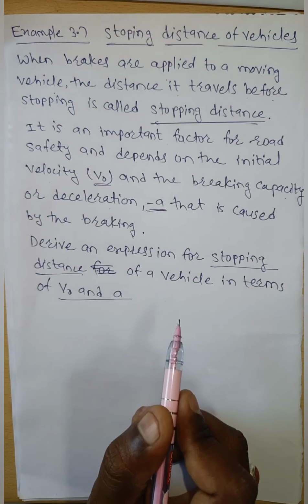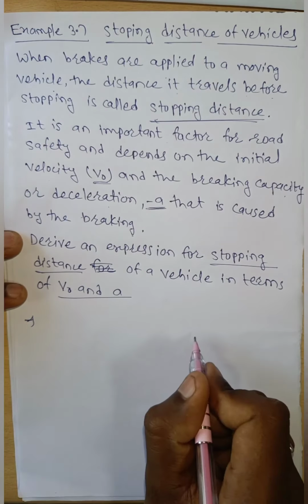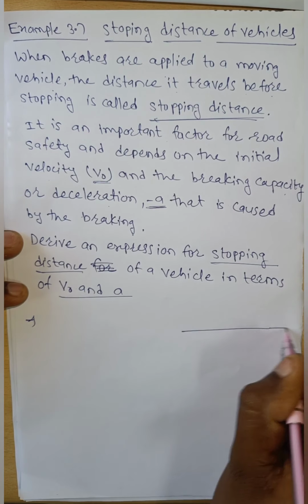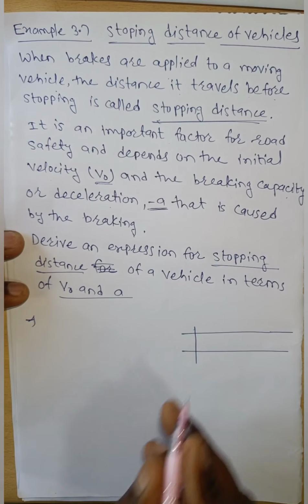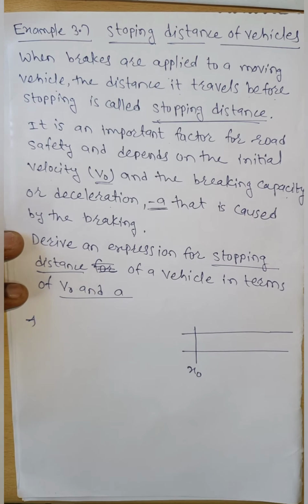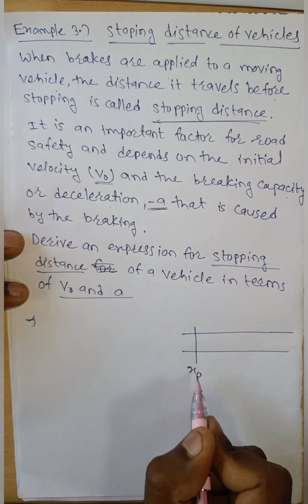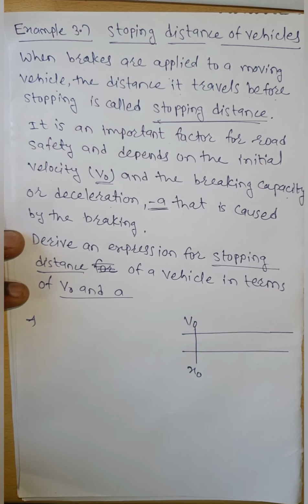We have to derive the expression for stopping distance. Consider that this is the road. Initially the vehicle is at this point, the x0 position, moving with the velocity v0.